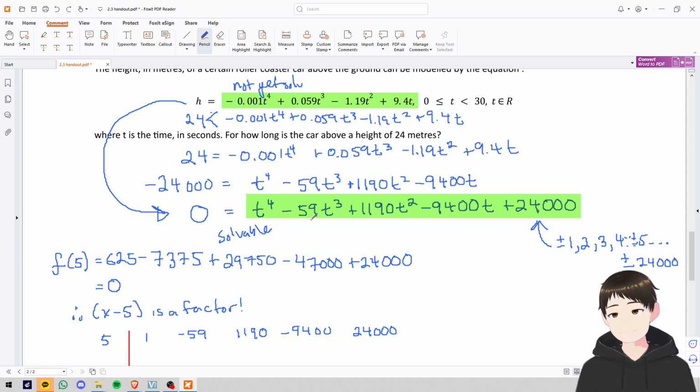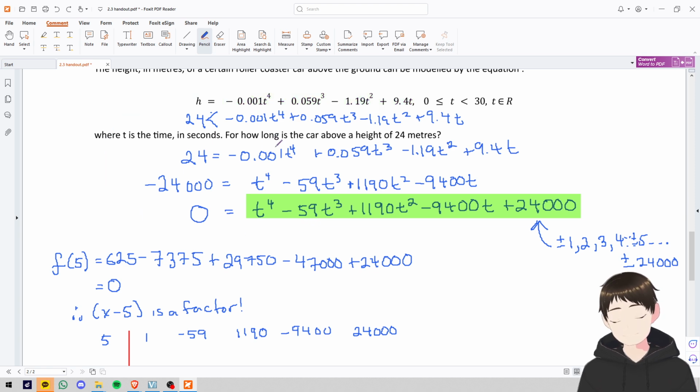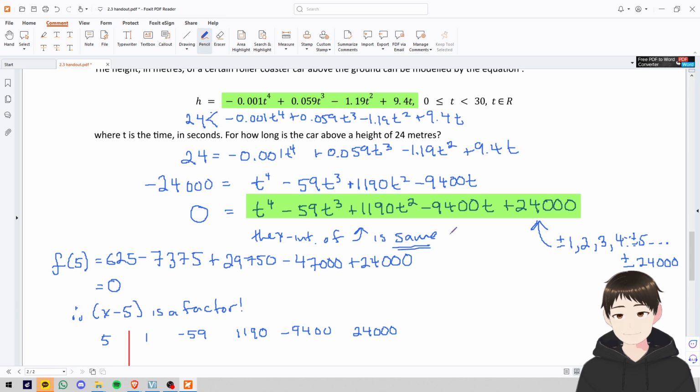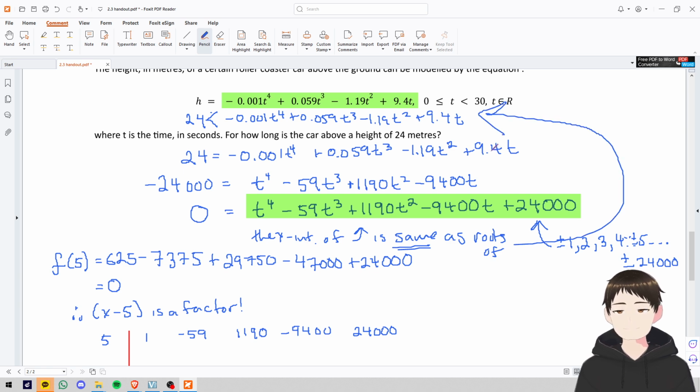And if we find the x-intercepts of this, it's the same as roots of that.